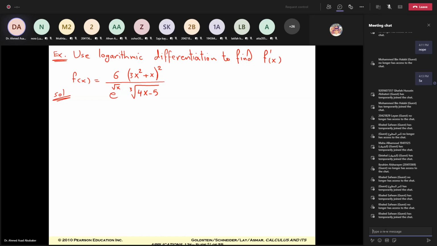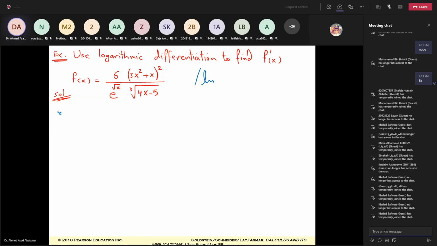Look at this. We don't have ln to distribute on the numerator and denominator in the multiplication. So here we have 5 steps. The first step, take the ln for both sides.